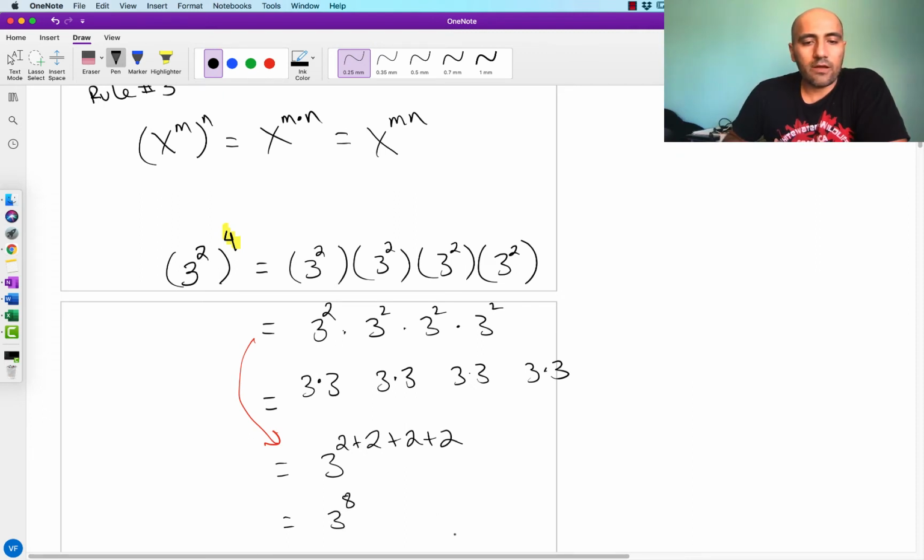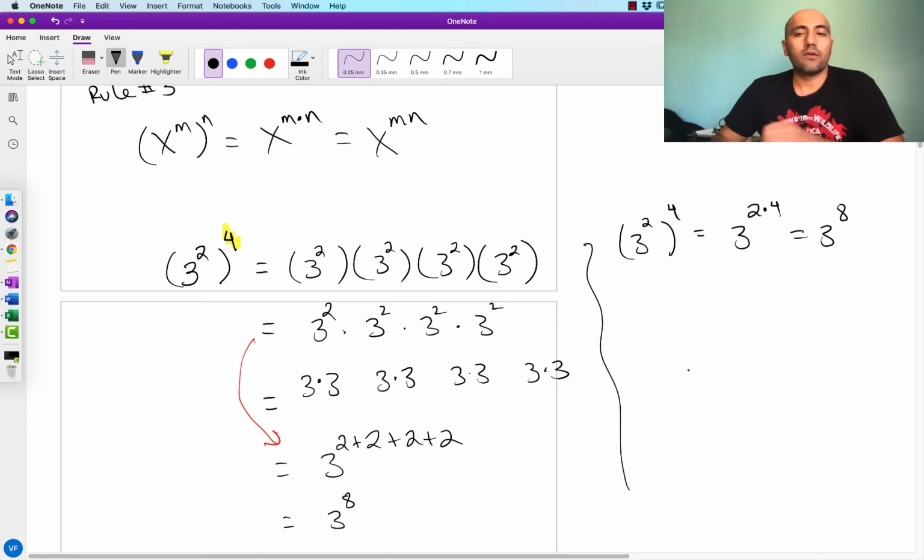Okay, and so now we start to see what the rule is then. So 3 to the power of 2 raised to the power of 4 is equal to 3 to the power of 2 times 4, which equals 3 to the power of 8. Right? So that's how we get the same answer.